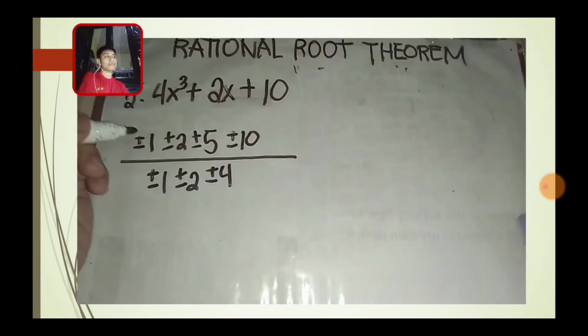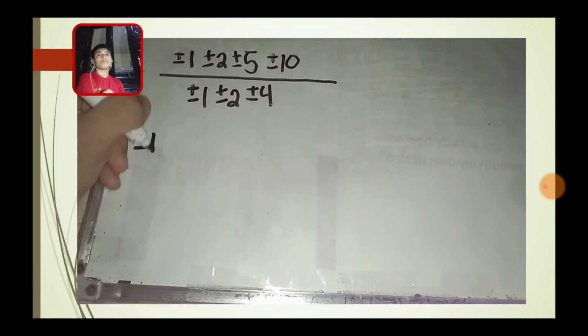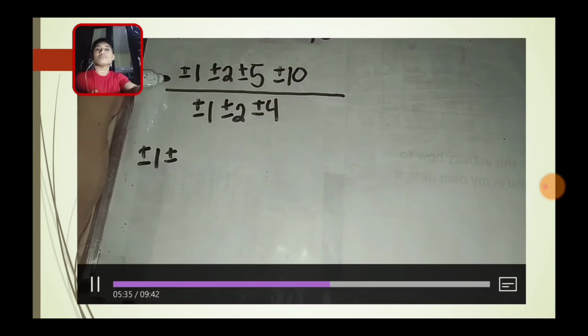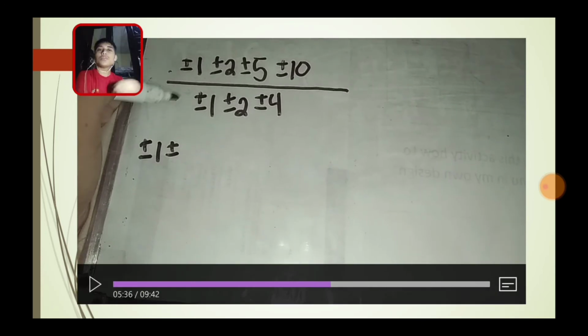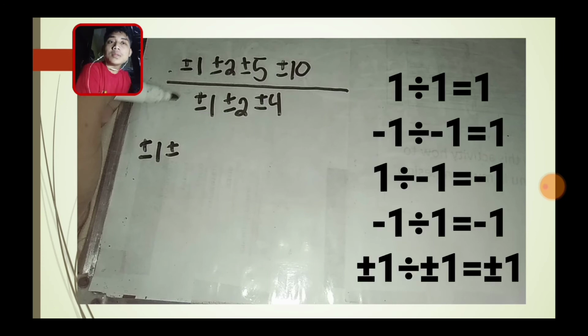So, what we will do here is divide them. We are going to find 1 divided by 1 is equal to positive negative 1, positive negative 2. Positive 1 divided by positive 1 is equal to positive 1.